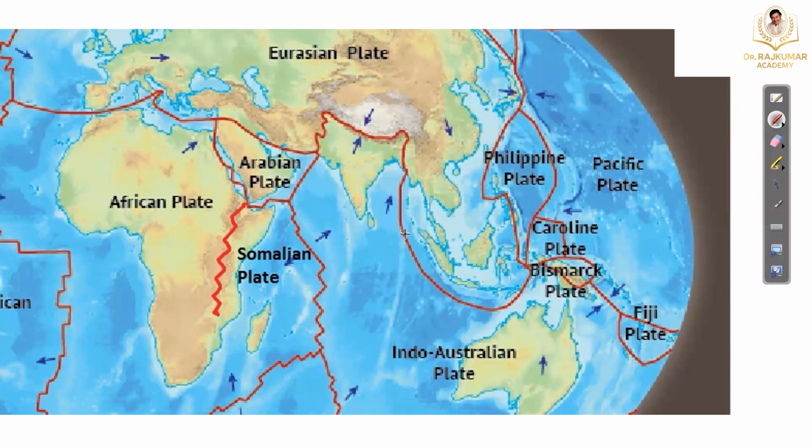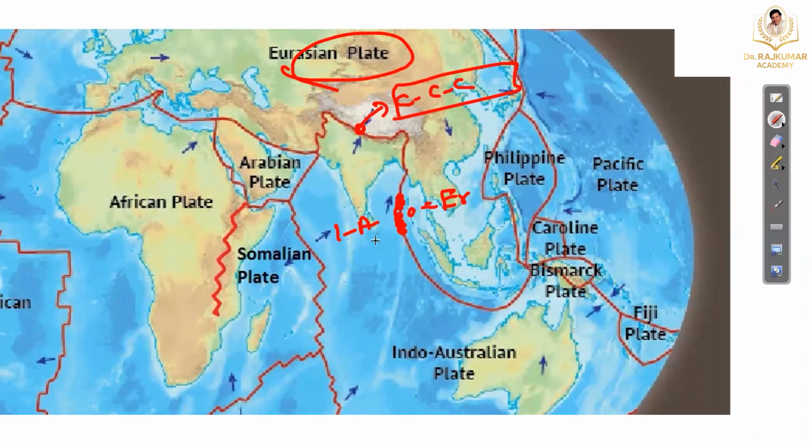Again Indo-Australian plate, right? Again what? Eurasian plate, correct? Now, the same place, Eurasian plate and Indo-Australian plate at the place of Himalayas was an example of what? Continent-continent convergence. But the place of Andaman and Nicobar Island, I understand it is more like oceanic crust and oceanic crust going for what? Convergence. Very minimal example, but still I can take it as an example.